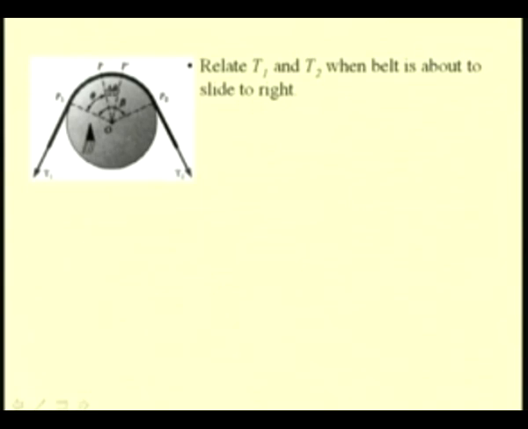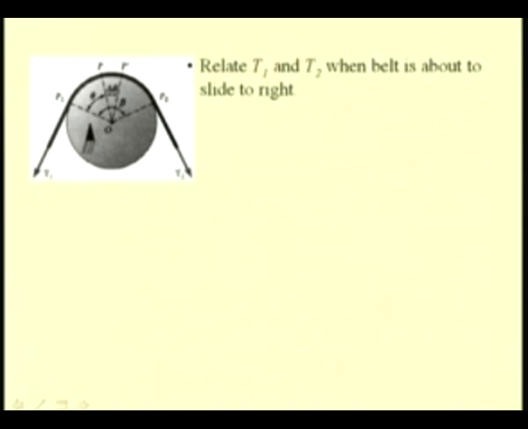Let us say this is the pulley and we have the belt element passing over the pulley, and the tensions on the two sides being T1 and T2.